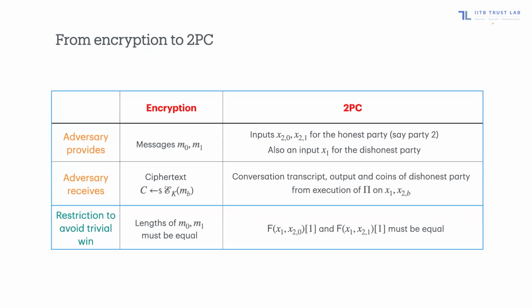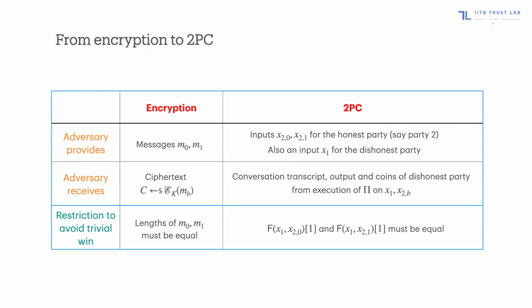Here we will use the run oracle, and it just provides a single input for the adversary party. From the oracle in encryption, the adversary receives a ciphertext. Here, in two-party computation, it would receive a conversation transcript of the protocol and the output for the dishonest party.